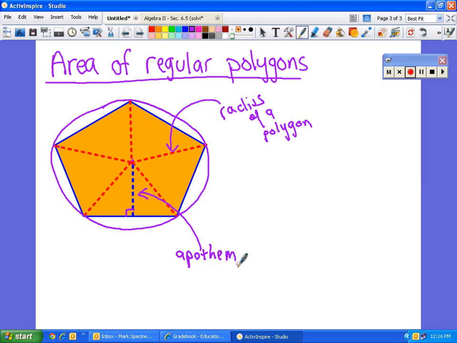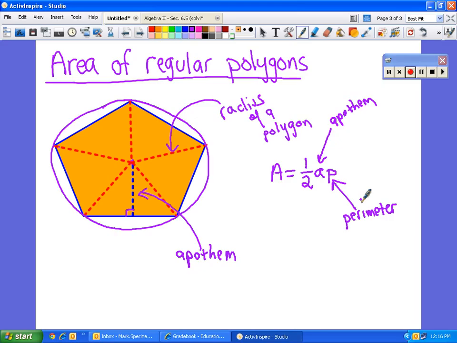Okay, now, to find the area of a regular polygon, we use the formula 1/2 a times p, where a stands for apothem, and p stands for the perimeter.